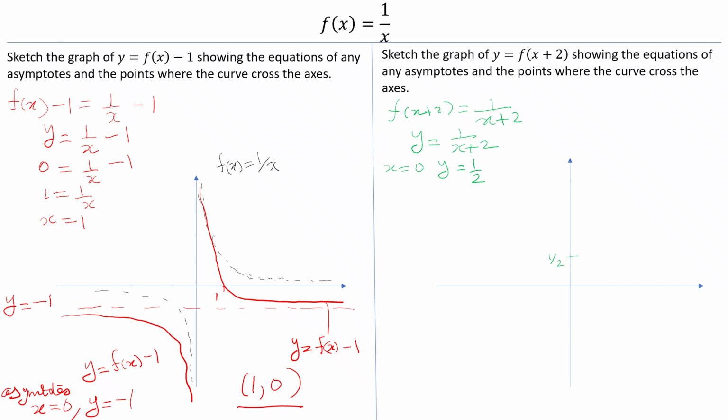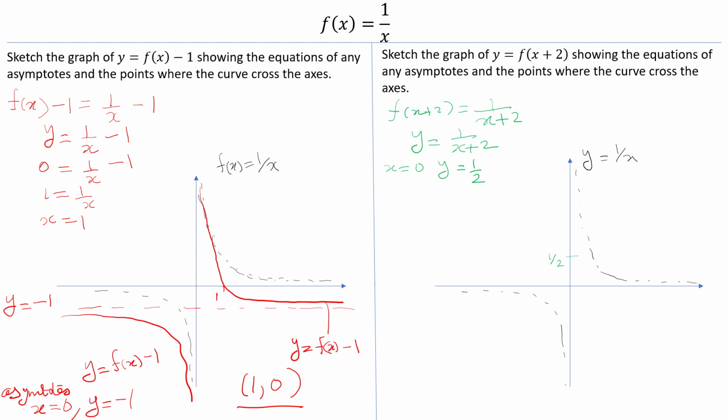The original graph is 1 over x. It's like this. This is y equals 1 over x.